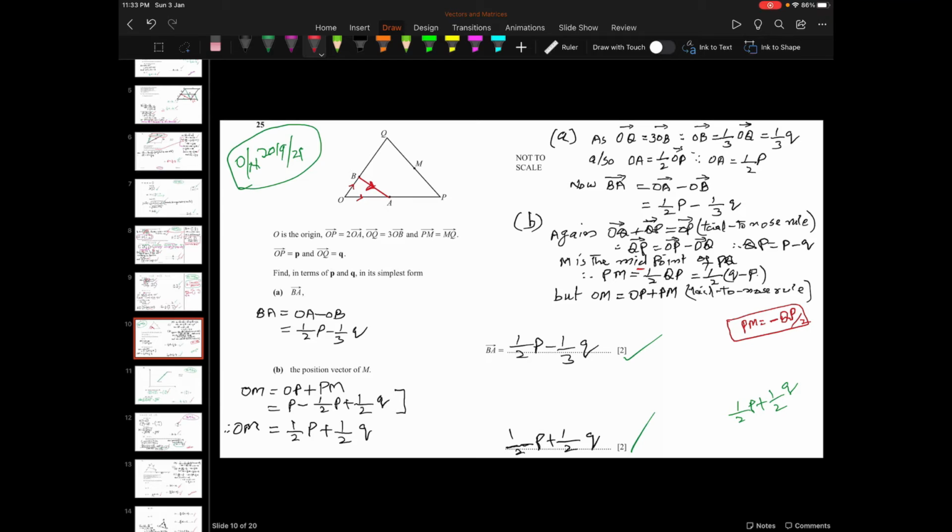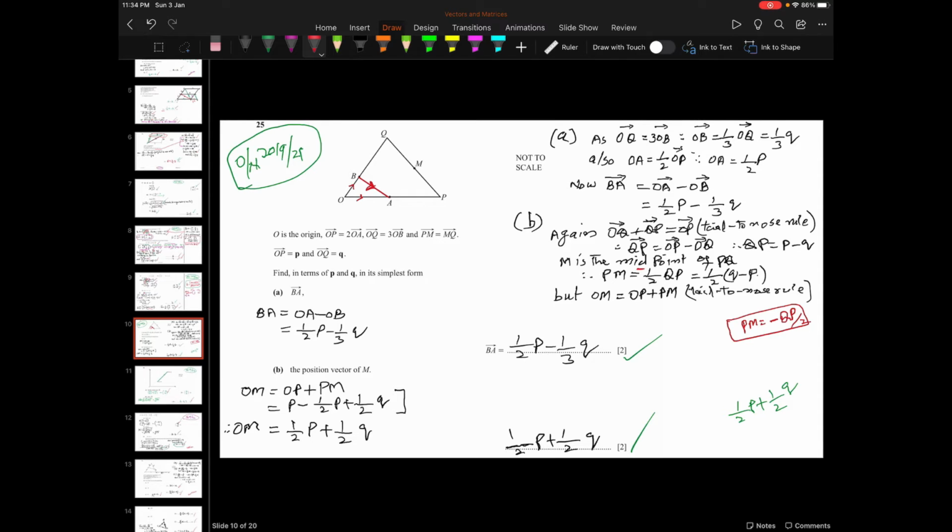In this question, O is the origin, OP is equal to 2OA, OQ is equal to 3OB, and PM is equal to MQ.